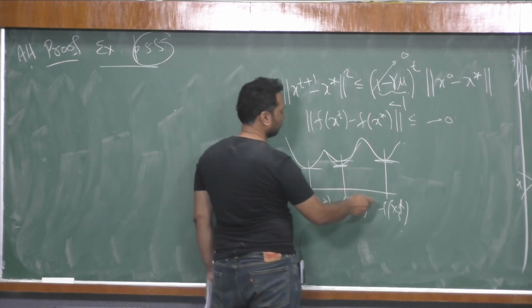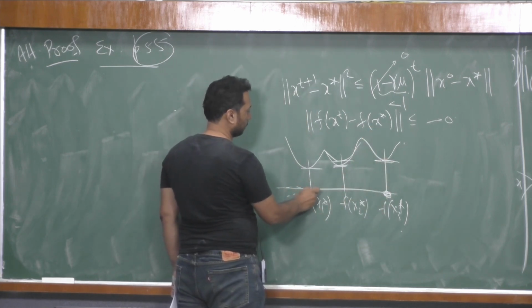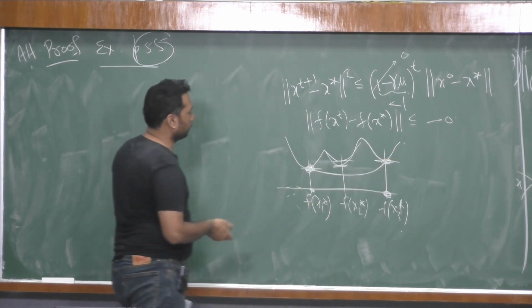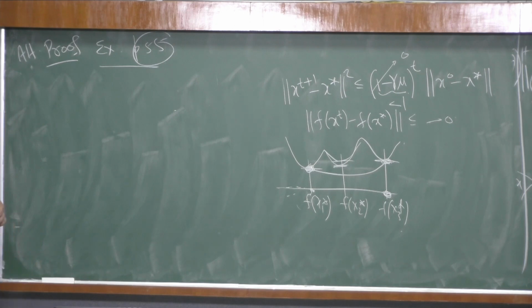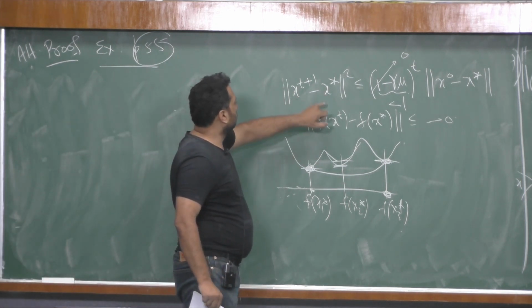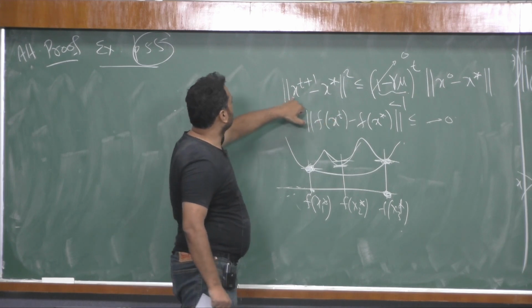So this x star may be that x star, but what you are converging to is this x star, and what you are comparing is this, and you are happy. And that is fine. In the non-convex case, this kind of situation can come where there are many minima and you are going to one of them, so that's fine. But here I have a minimum which is apparently unique, and then I go exactly to that.